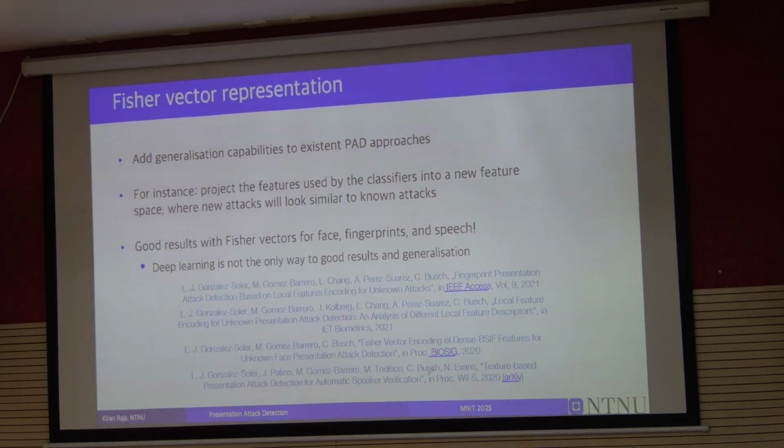There were some very good results published in work that was done for face, fingerprint, and speech, and it also indicated that deep learning is not the only way to achieve good results. You can still go to the classical learning idea, apply the idea of Fisher vectors, and you can still get a good system.